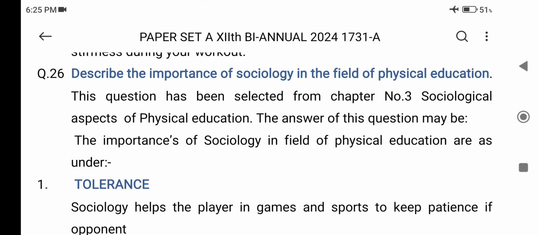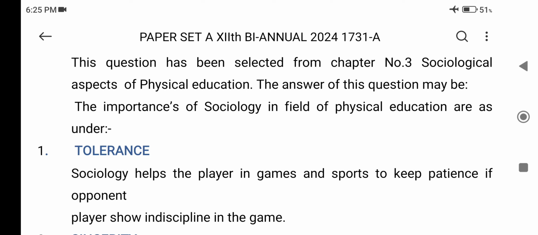Question number 26. Describe the importance of sociology in the field of physical education. This question has been selected from chapter number 3, Sociological Aspects of Physical Education. The answer of this question may be: the importance of sociology in the field of physical education are as under.